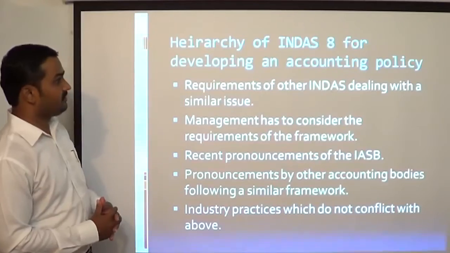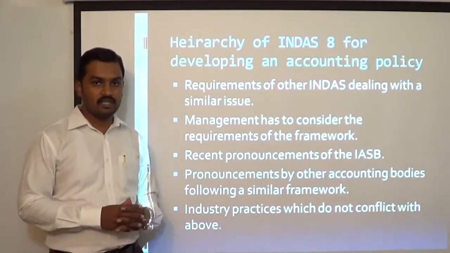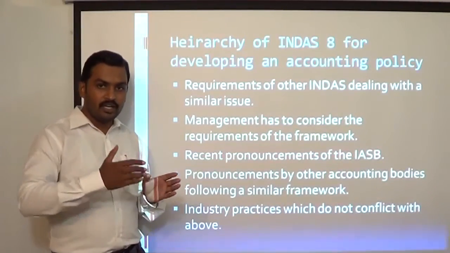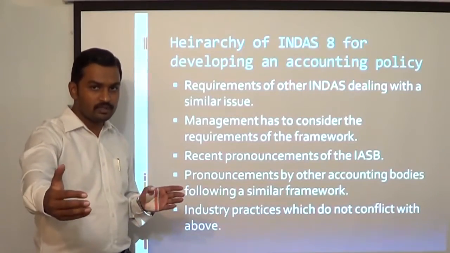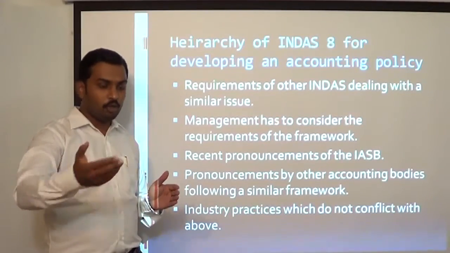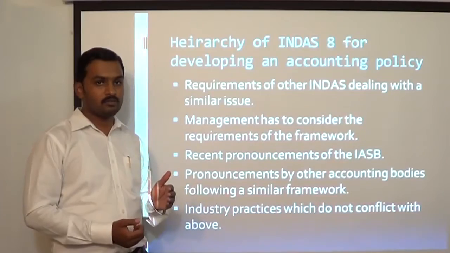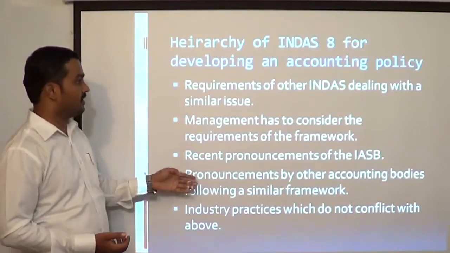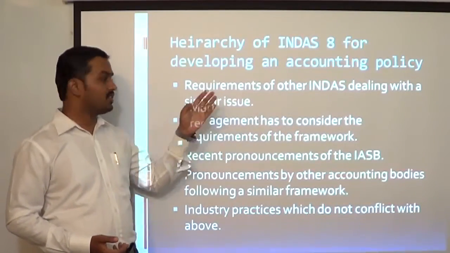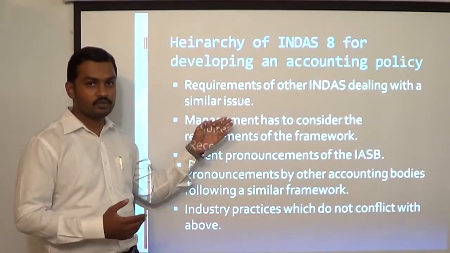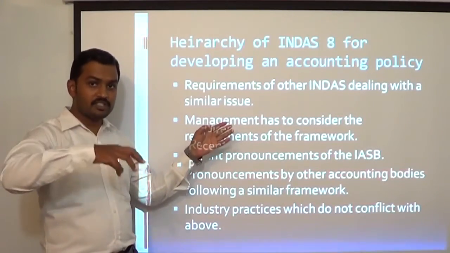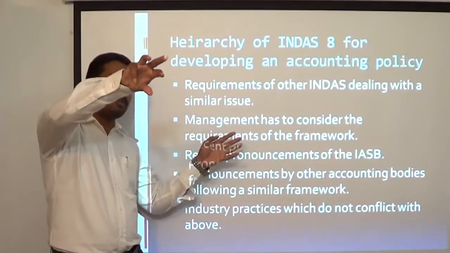Hierarchy of INDAS 8 for developing an accounting policy. INDAS 8 requires you to refer to other pronouncements and other information before you develop an accounting policy. So we have to refer to certain other factors. First, requirements of other INDAS dealing with similar or related issues. If there are other standards which deal with similar issues, what is the prescription of that standard?